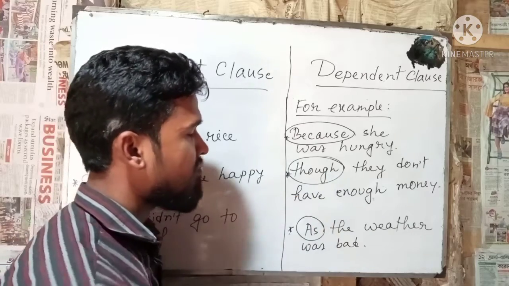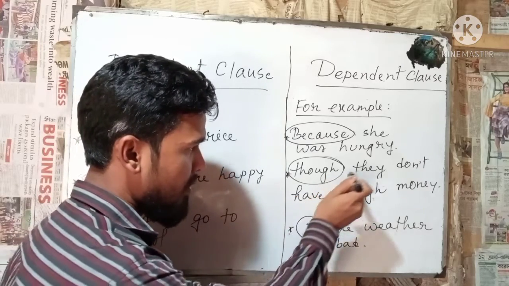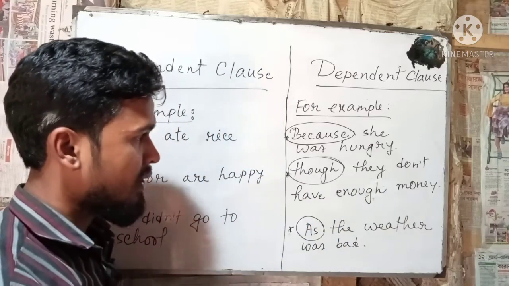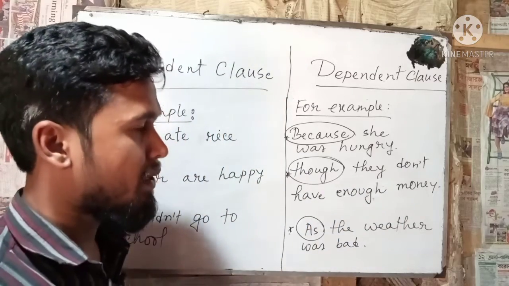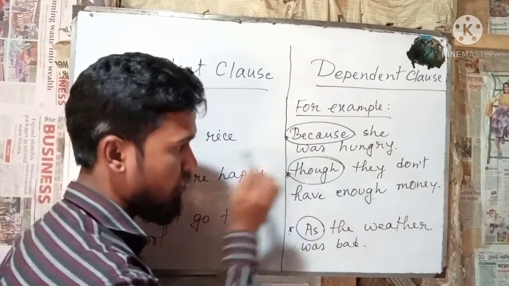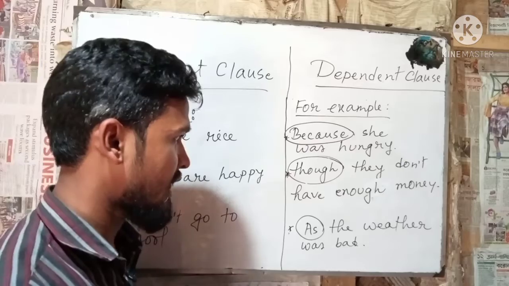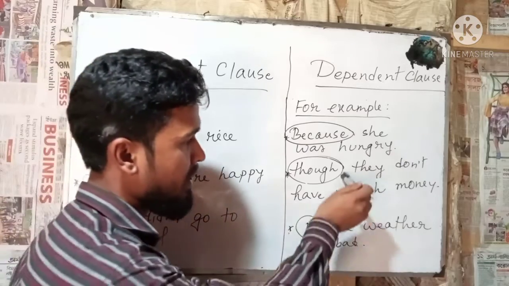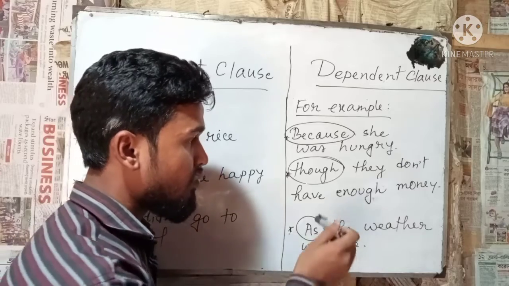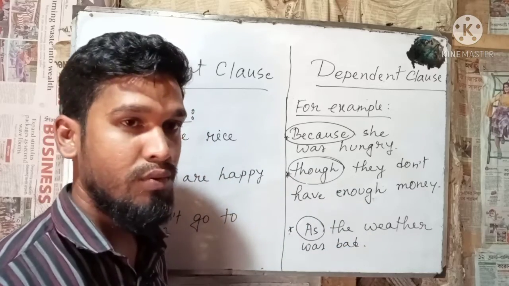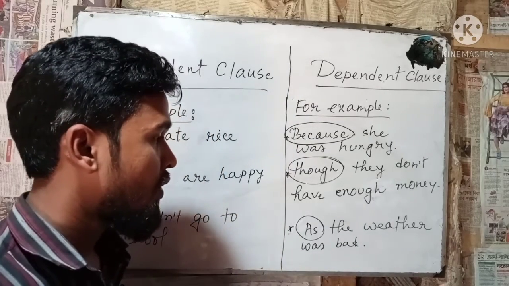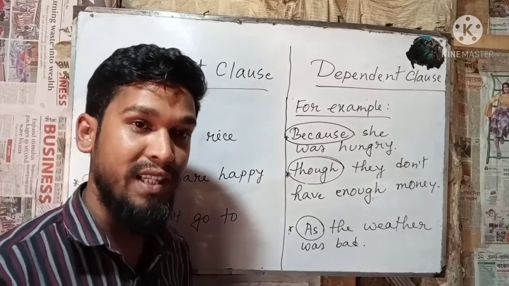It is also the same with they don't have enough money. It will convey a complete thought. But when we add the subordinating conjunction though, it doesn't convey a complete thought, and to make the sentence complete we need extra information.